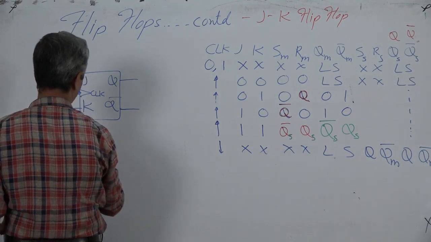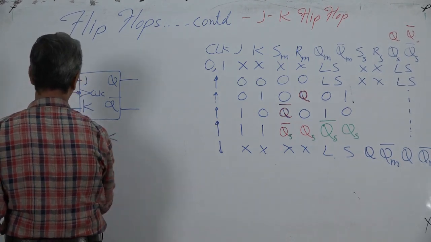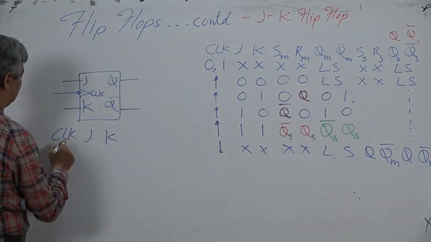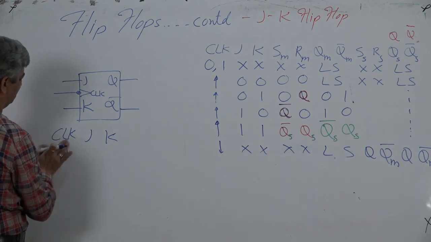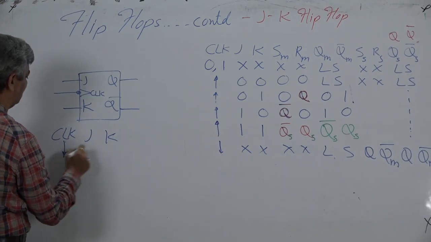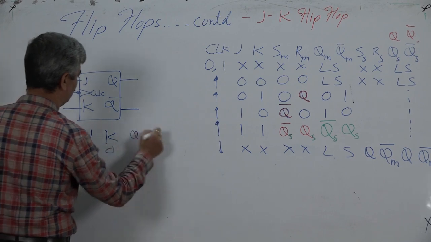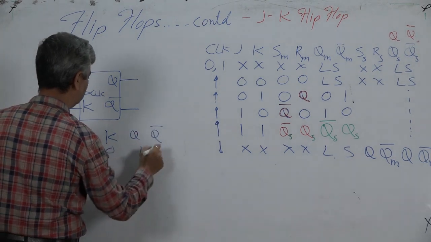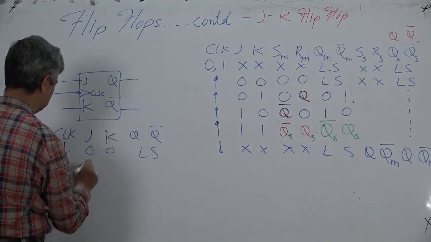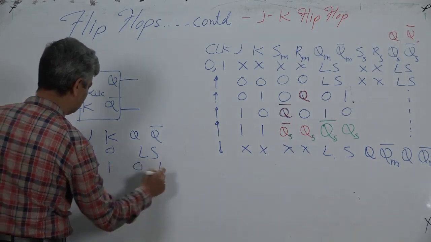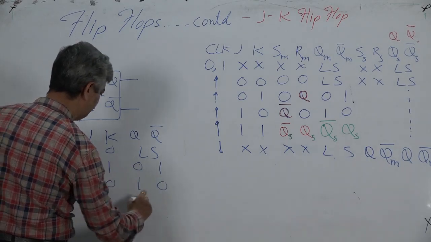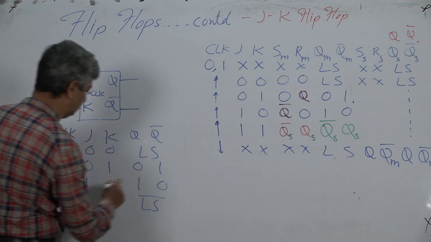So the truth table is as stated, JK only, and the clock, to be precise, should be drawn like this and like this, but this is normally not drawn. We say that at the time of falling edge, J0 K0 gives last state, 0 1 flip flop resets, 1 0 flip flop sets, 1 1 flip flop toggles.